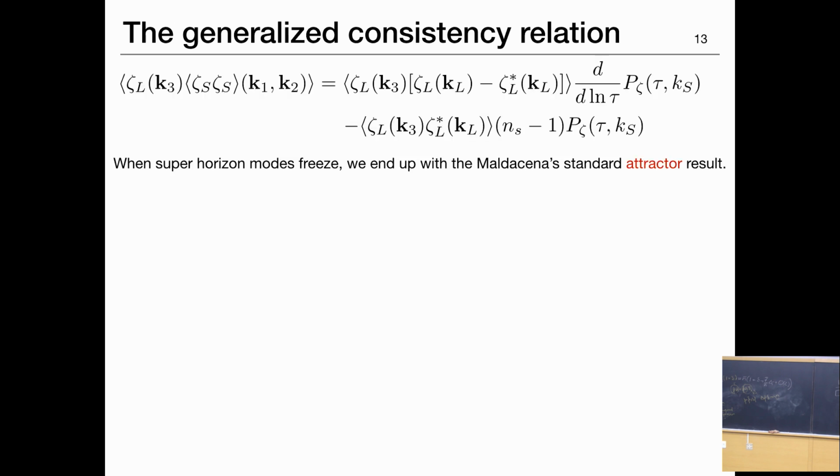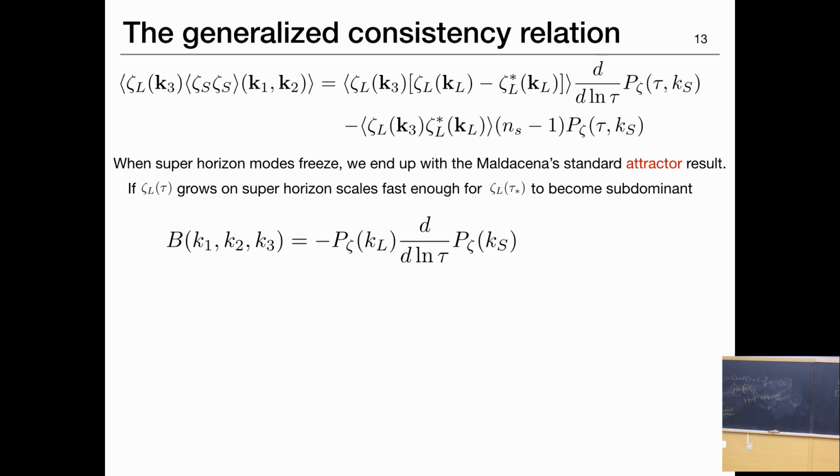So if the super horizon mode freezes, we end up with the Maldacena standard attractor result, namely this part. But if the mode grows on super horizon scales fast enough for this term to become subdominant, we end up with this expression, which is the missing part of the consistency relation, the non-attractor part.